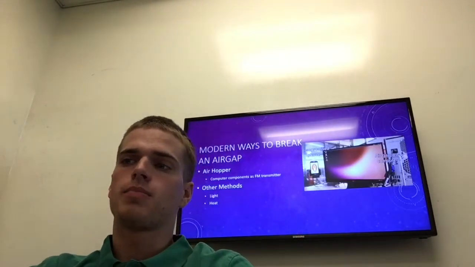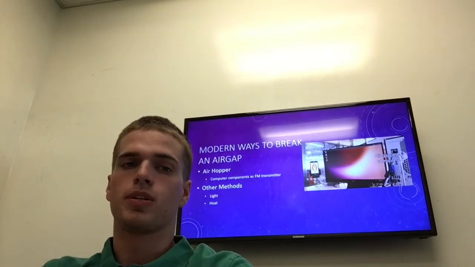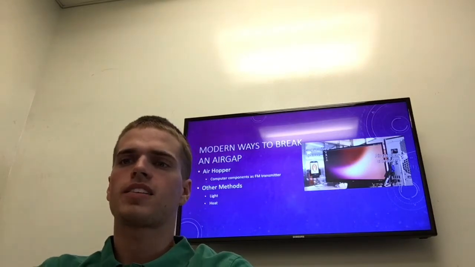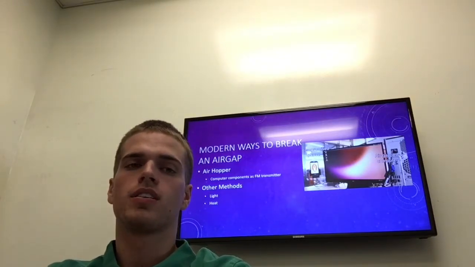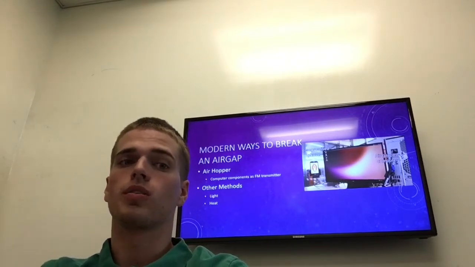So some modern methods of breaking air gaps, different from what was used for Stuxnet: one is called AirHopper, and it actually takes the components inside of the computer that it's infected and uses them in ways that they totally were not intended for.